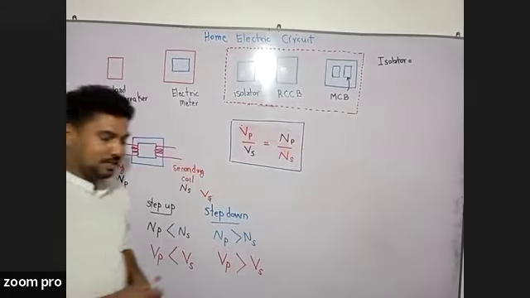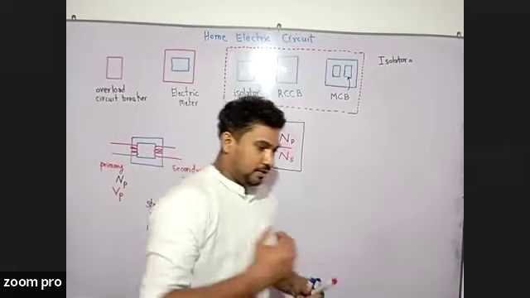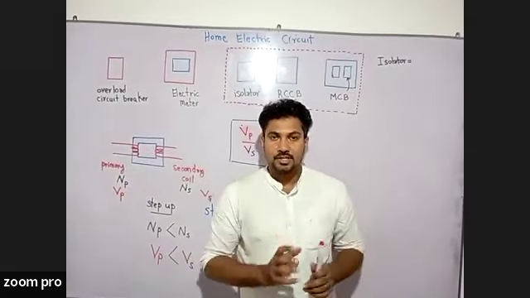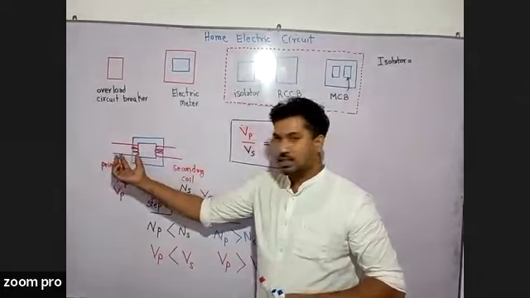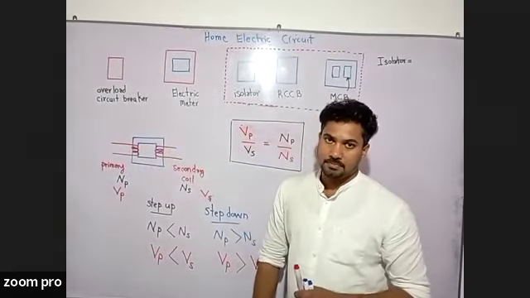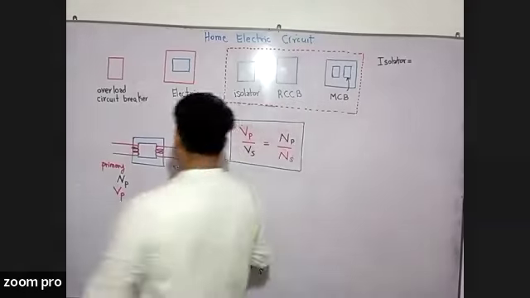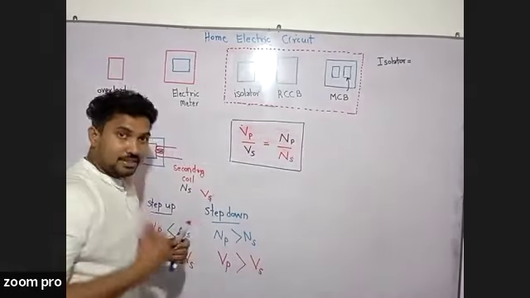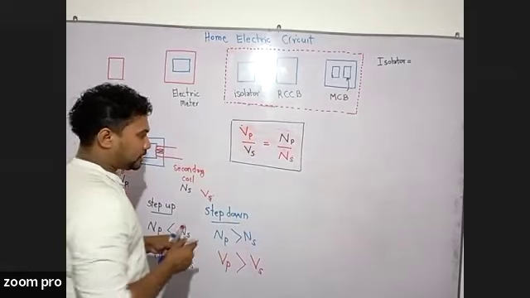The other thing is normally we consider the efficiency of the primary coil is equal to the efficiency of the secondary coil, right? That means there's no energy loss. Hence, we can obtain an equation.